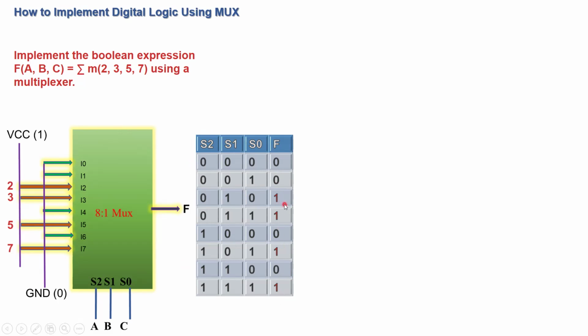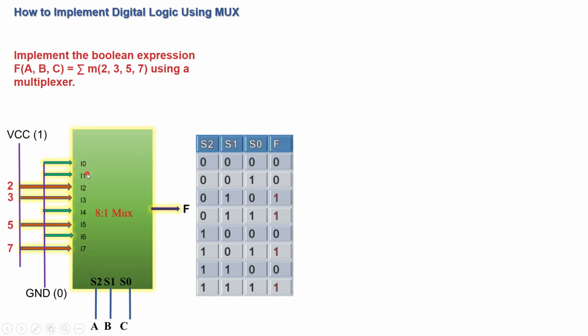Now you want the output to be a function of these min terms. So what you do here, 2, 3, 5, and 7, you connect those data lines, or in other words, I2, I3, I5, and I7, they have to be connected to logic 1, here in this case VCC.